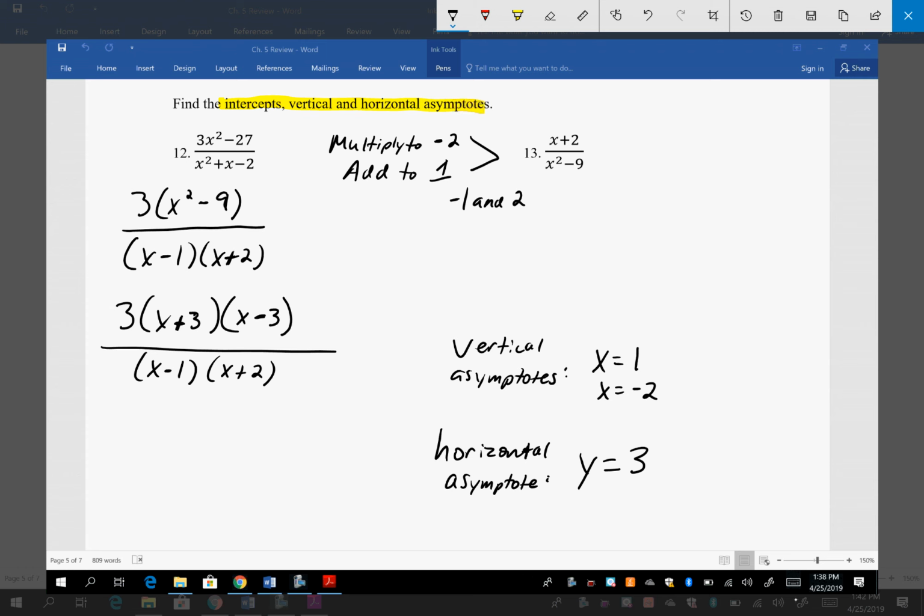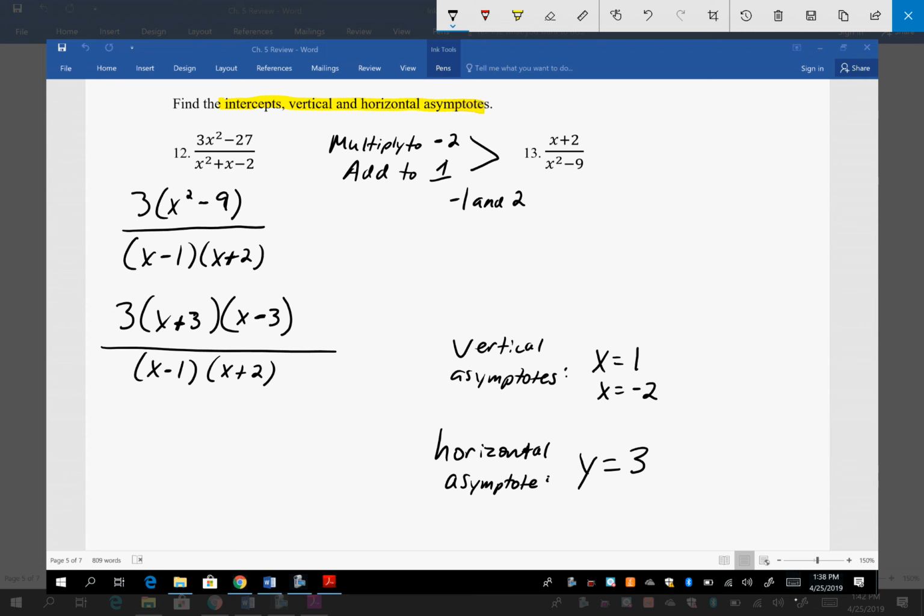Take a quick pit stop over here. What's the degree of this numerator? Denominator? What happens when your degree of your numerator is less than the degree of your denominator? It's y equals 0. Make sure you know that for tomorrow. It's on the notes from 5-6. I think it's the very first slide. Absolutely.